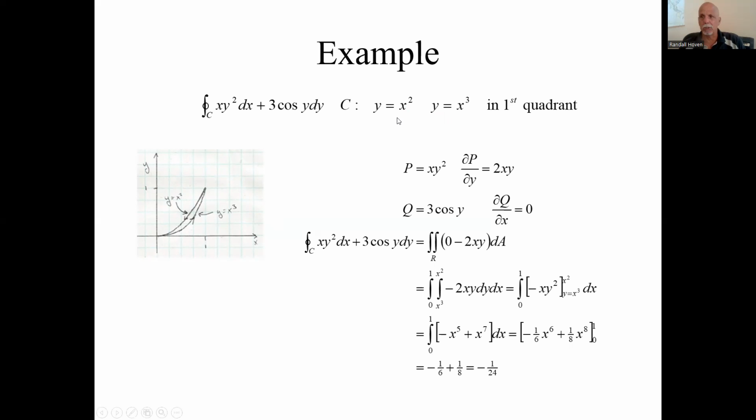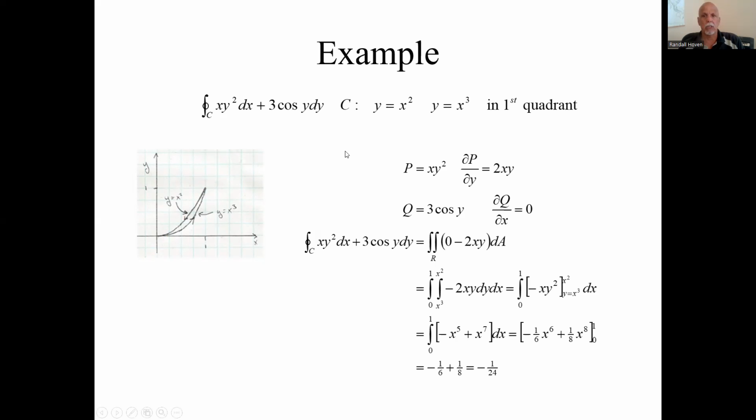The path that encloses the region. And be careful here. X cubed between x equals 0 and 1 is below x squared. So this lower one is y equals x cubed. The higher one is y equals x squared. Once you get past 1, the x cubed wins.